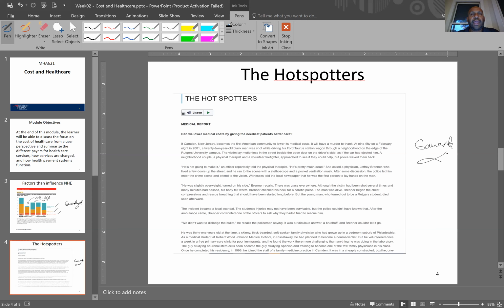Camden, New Jersey has been known since the late 1960s, and certainly up until today, as one of the most impoverished areas of the United States, certainly certain zip codes in Camden, and certainly on the East Coast.